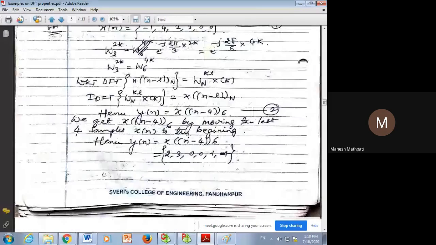So one more important example which I missed, you just note down this. This is like a kind of revision or test you can consider. So intentionally I am taking this example at the end, such that you can recall the previous things. Just note down this.